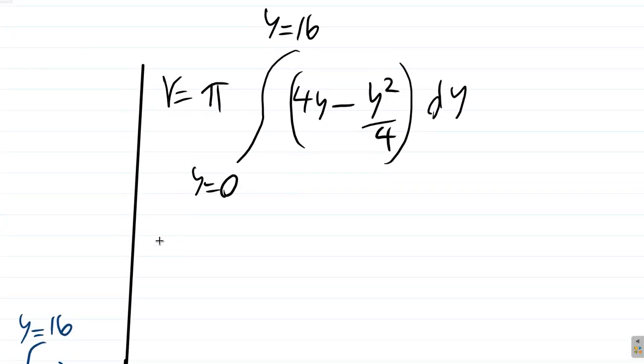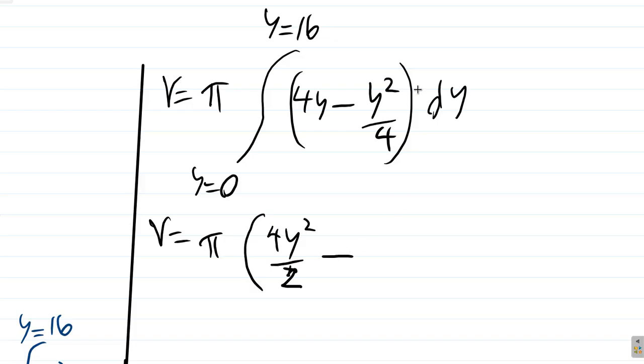Alright, so volume is equal to pi. Now let's do our integration. In the bracket we have 4y, so we're going to have 4y squared over 2 minus, this is going to be y cubed over 3 by 4.